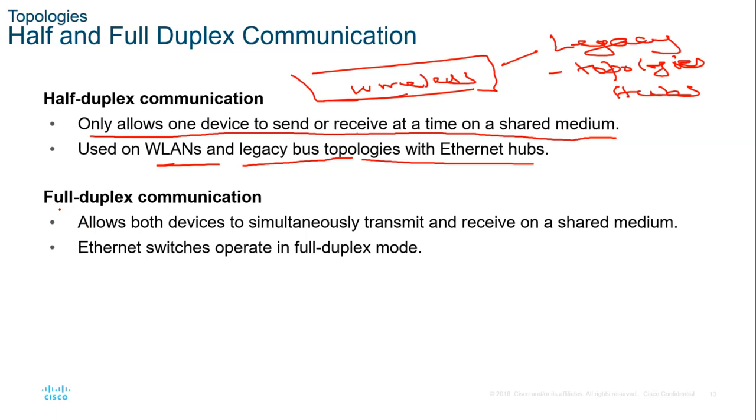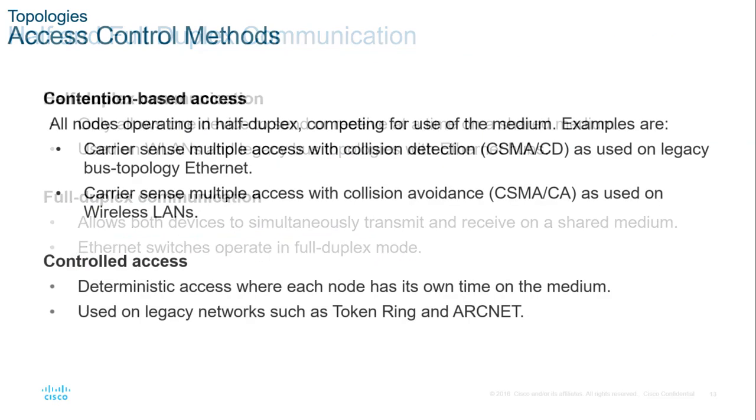Then full duplex communication allows both devices on that network to send and receive simultaneously. It's common on our Ethernet switches that operate in full duplex mode.